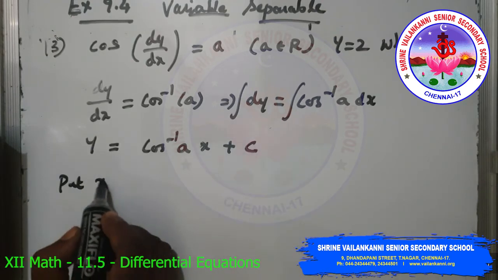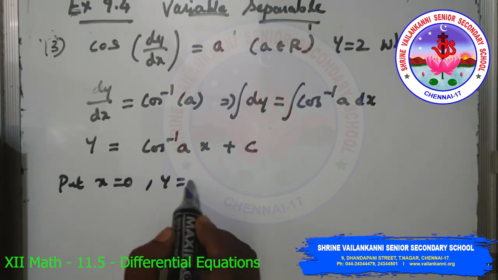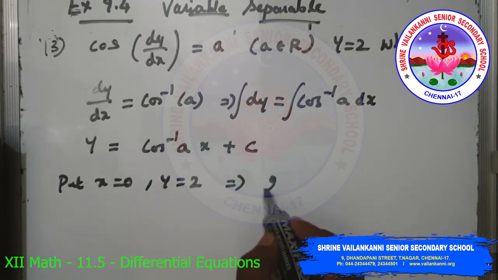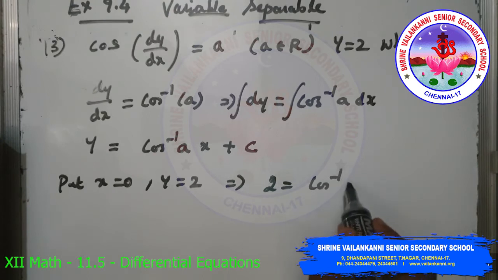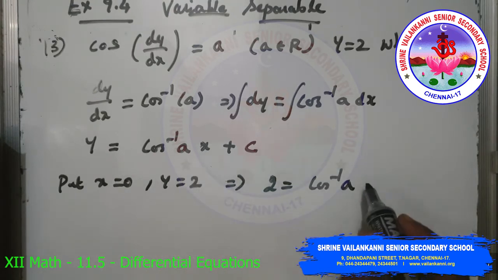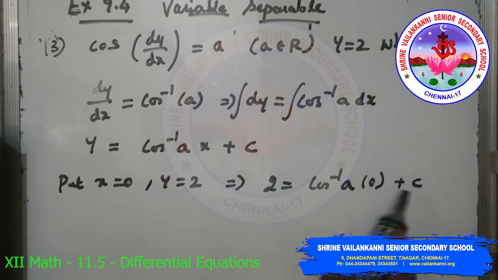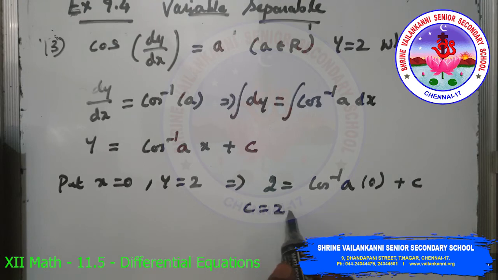Put x equal to 0 and y equal to 2. So we get 2 equal to cos inverse of a, x is 0, so 0 plus c. So we have c equal to 2.